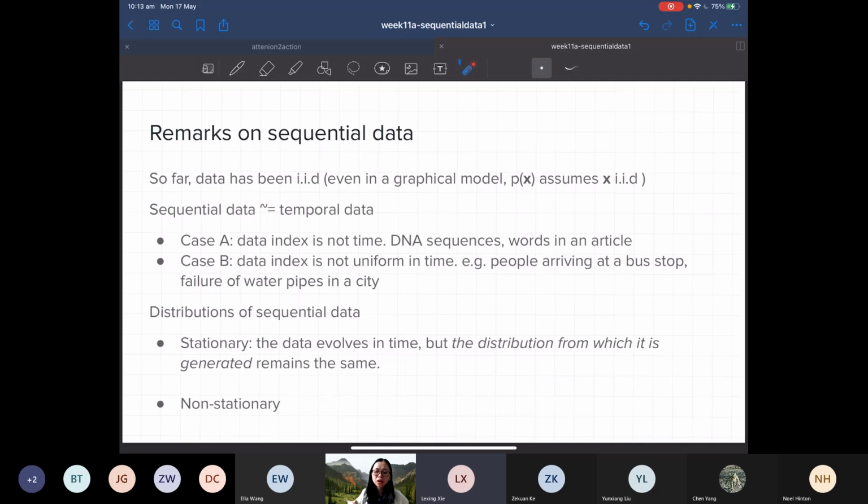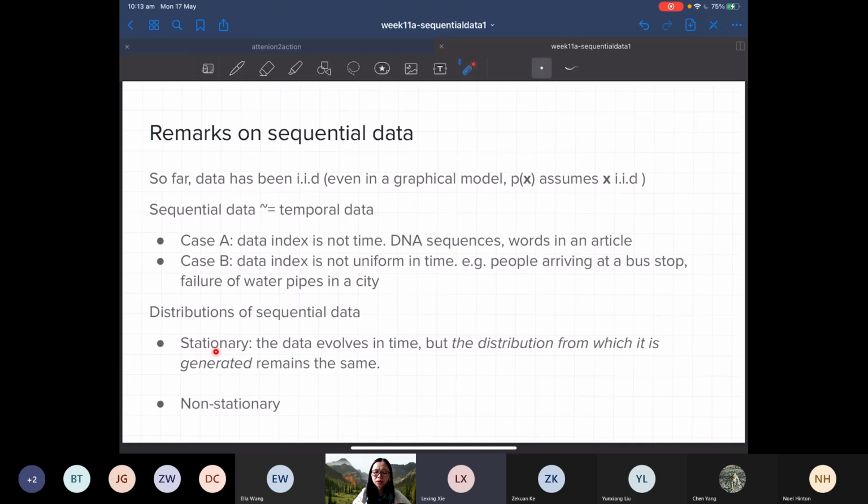For this particular section, we're not going to look at the stochastic process version of sequential data. We're just going to assume we have a sequence, and the index means something, and it's more or less uniformly interpreted. It's not necessarily time.